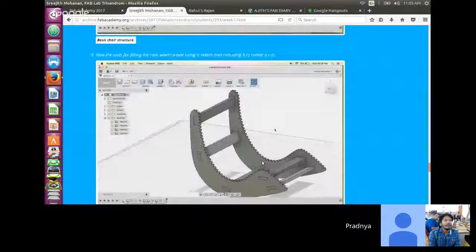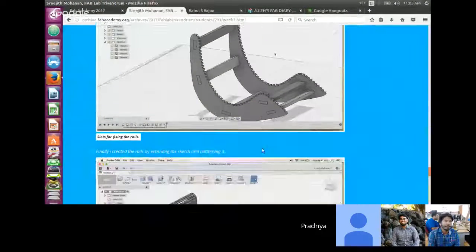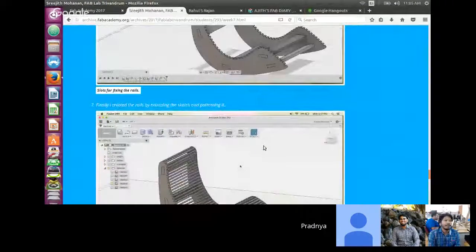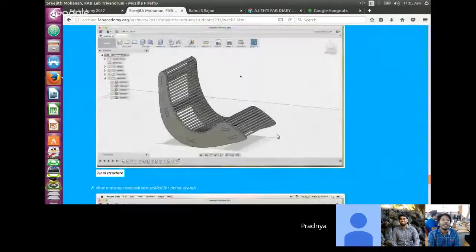Then I cut out slots for fixing in the rails, and after that I made the rails. The flexure, to my knowledge, cannot be made in Fusion, so I had to go with the backup design only.